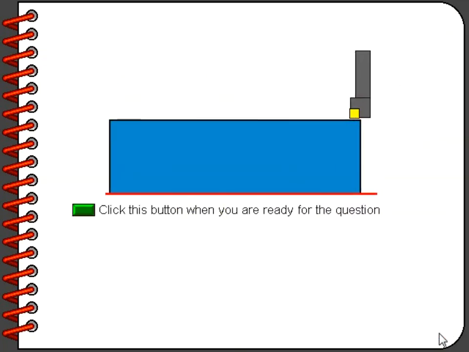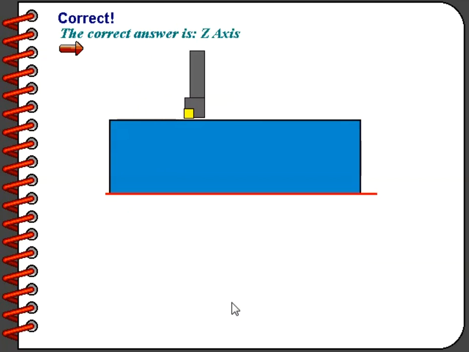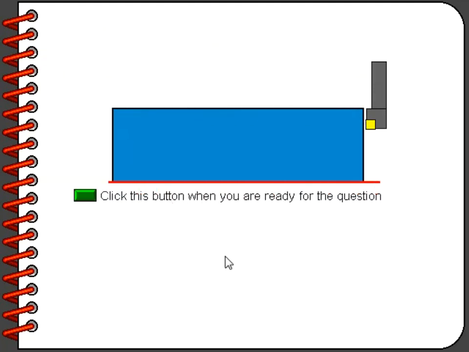When you think you know which axes of motion we are demonstrating, click the green button. If you think you can tell me which axis of motion this is, click the green button.